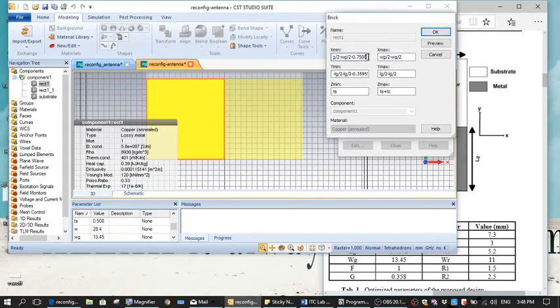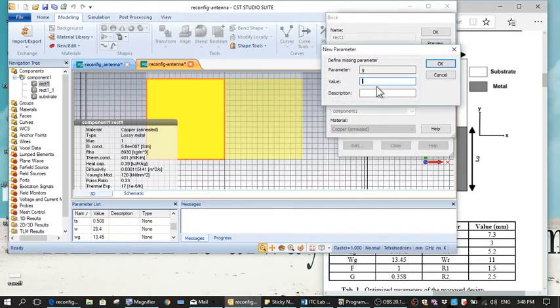So we have to, this point is X max. So we need to subtract a value of 2 times of G and a value of F. Okay, let's preview it.